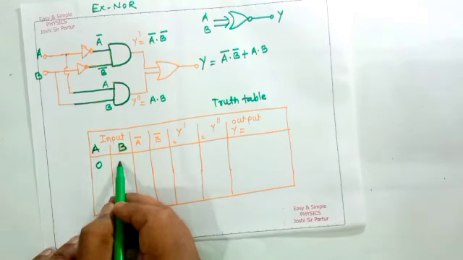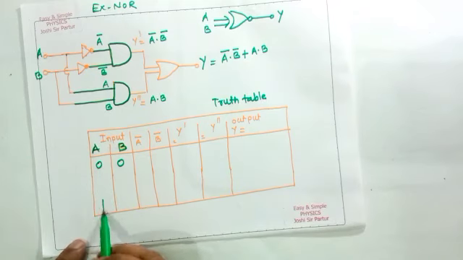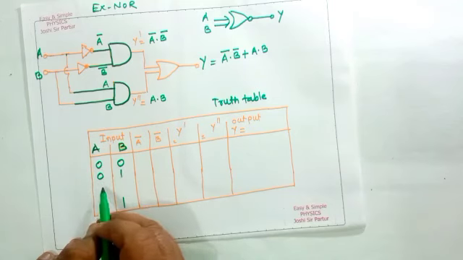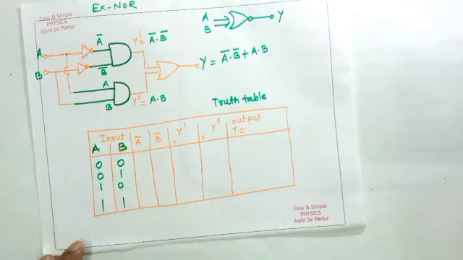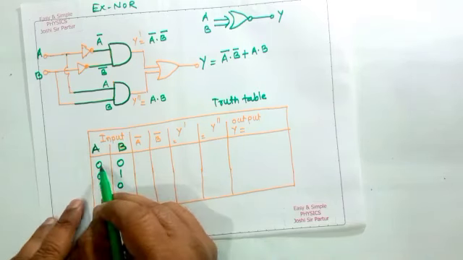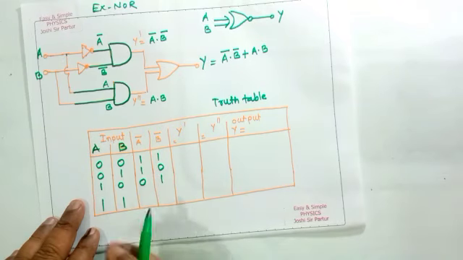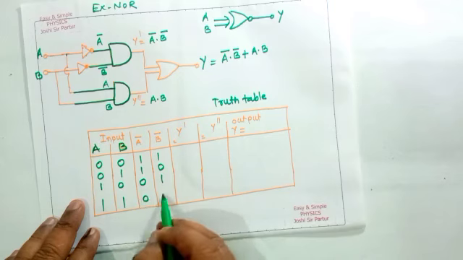Either both are low, or both are high, or one input is high and one input is low, or the other way around. The complement of input A and input B will be here. For low, its complement will be high. For high, complement will be low.